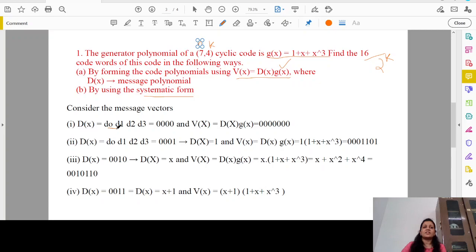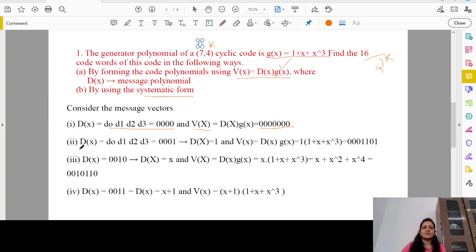Now if I consider the combination of all zeros, my v of x will be d of x into g of x. Because all bits are 0 over here, the multiplication of d of x with g of x will give me 0. And since my n value is equal to 7, I am using 7 zeros over here. And this is my valid code word v of x.